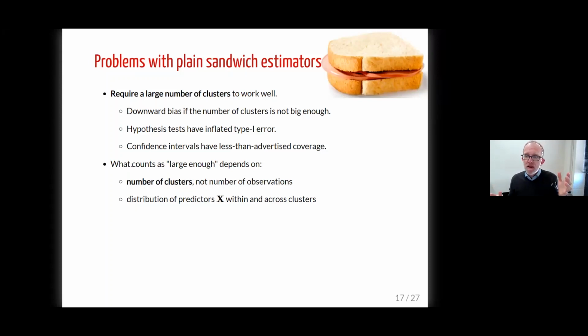So for different X matrices, you may have a large enough number of clusters or not, depending on features of the covariates or the predictors. And that makes it quite hard to tell whether the plain sandwich estimator really works or not. So you might say, how can you tell whether your plain bologna sandwich estimator is really edible?